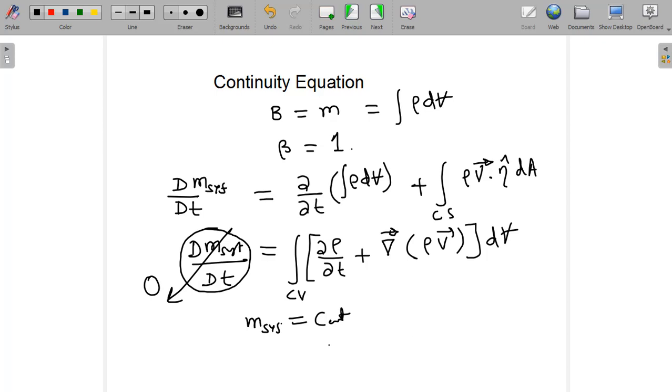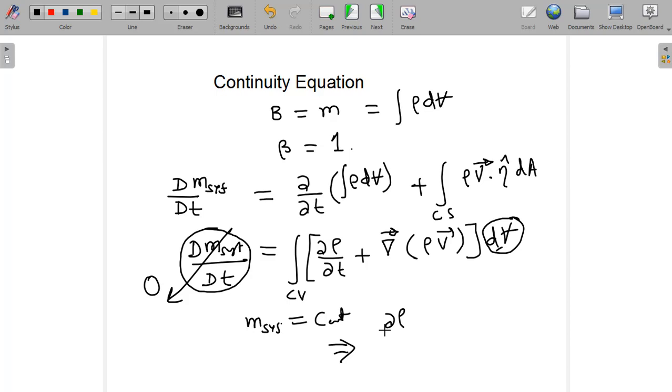So definitely what we can conclude here is that this bracketed term has to be 0, because this dV, the small volume that we have taken, is arbitrarily small. Arbitrarily any volume, and that is why if the function is not 0, it is not possible that the integration of that will be 0, since this dV is taken arbitrarily.